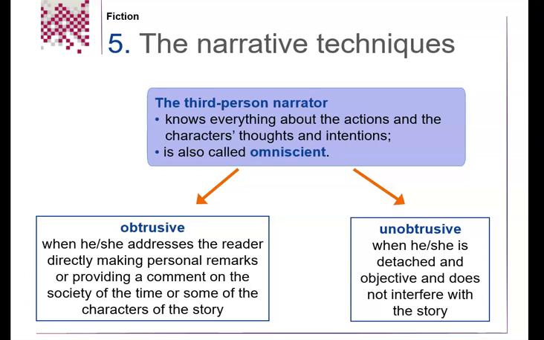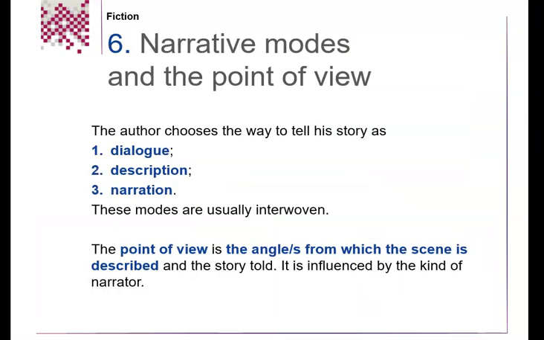So, for example, in Tom Jones, the narrator, Fielding, addresses the reader. Unobtrusive is when he or she is detached and objective and does not interfere with the story. He doesn't use adjectives to comment.